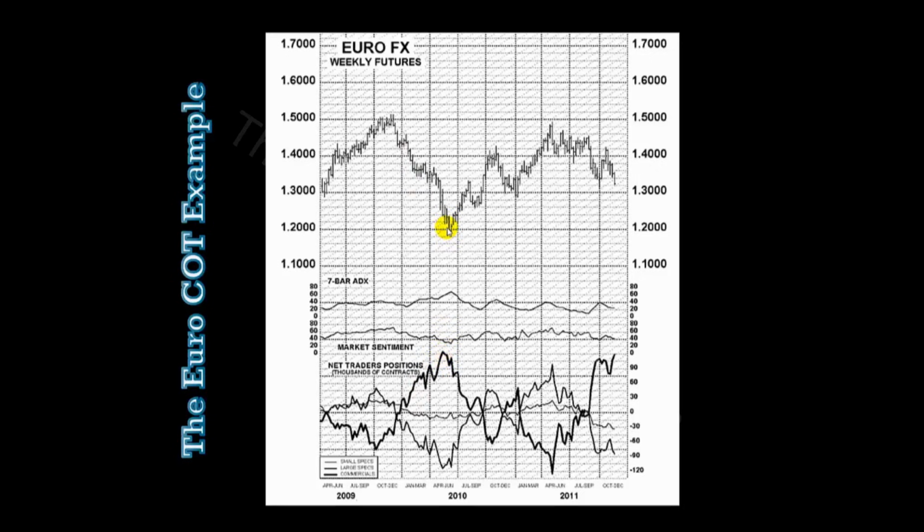Finally, when the euro came down to 120, the diametrically opposed tug of war, the tide changed, price changed and moved higher, started trading higher, and then they got in sync with the now new bull move, as the commercials started to liquidate their long positions.